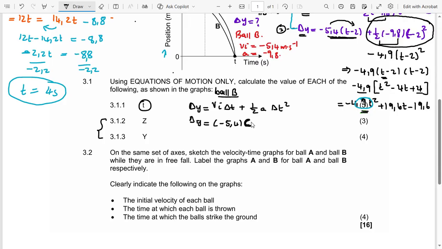Ball B took 2 seconds to reach the ground. So this will be 2 plus half of the acceleration, which is negative 9.8, multiplied by delta T, which is 2 to the power 2. Therefore, you just have to punch that on the calculator and see what you get.